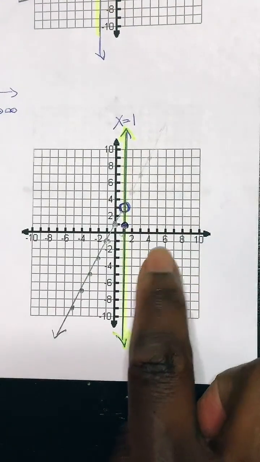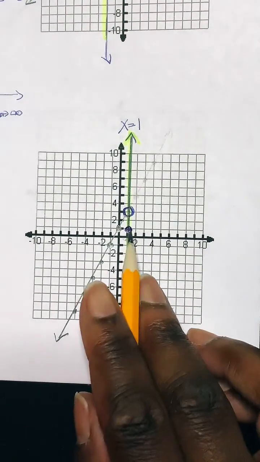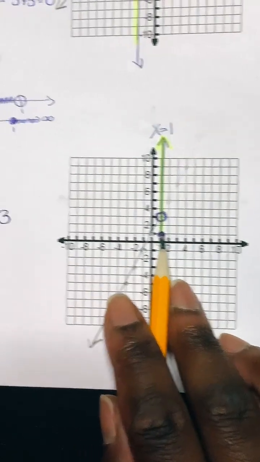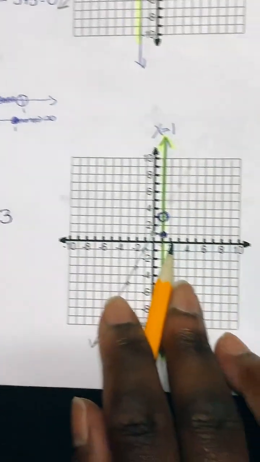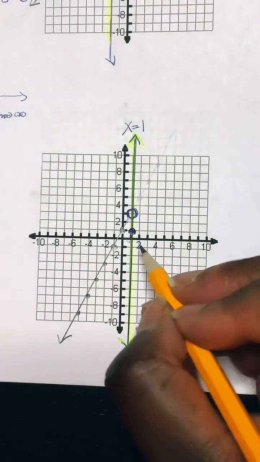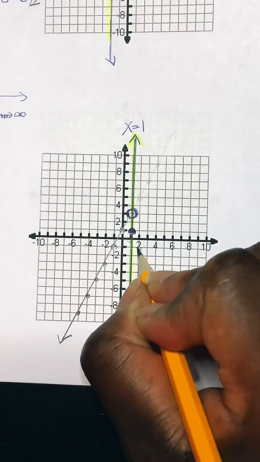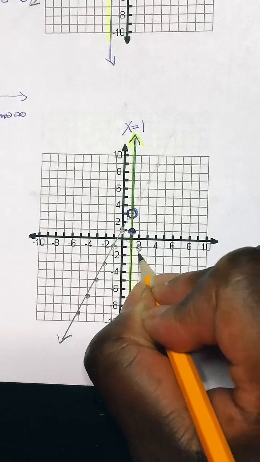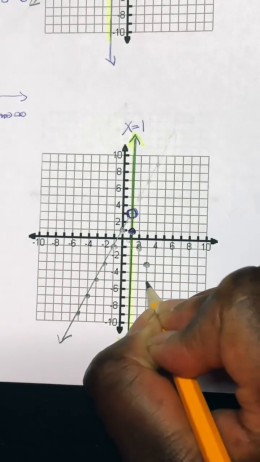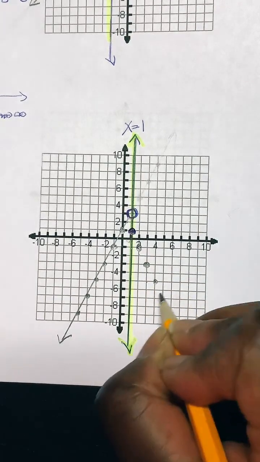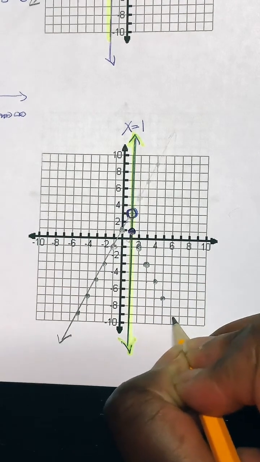Since they want us to do x is greater than or equal to 1, that means I need to graph the right side of this grid. So now I need to look at my slope. My slope says -2. So from this point, I'm going to go down 2, over 1, down 2, over 1, down 2, over 1.